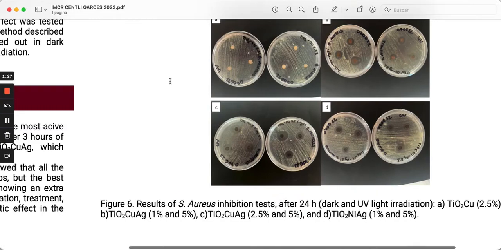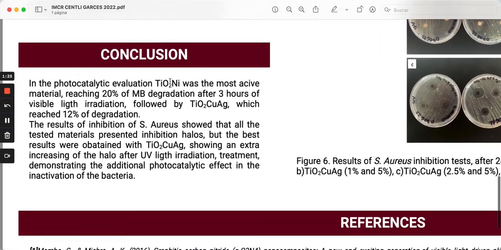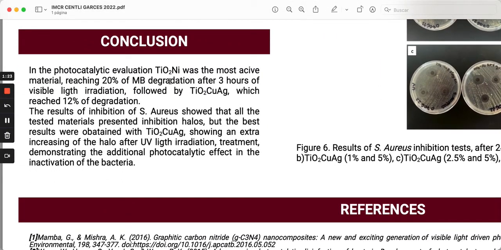So, as conclusions, in the photocatalytic evaluation of our catalysts, the one with nickel was the most active material, reaching 20% of methylene blue degradation after 3 hours of visible light irradiation, followed by the catalyst with copper and silver, which reached 12% of degradation.